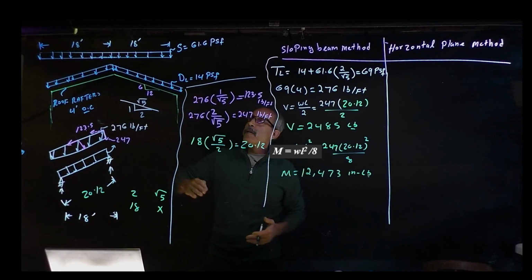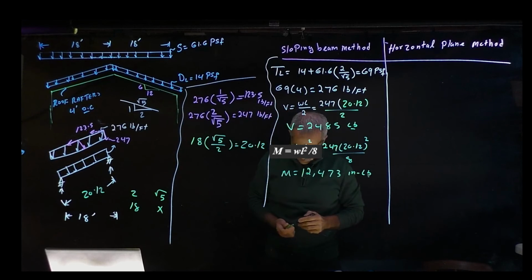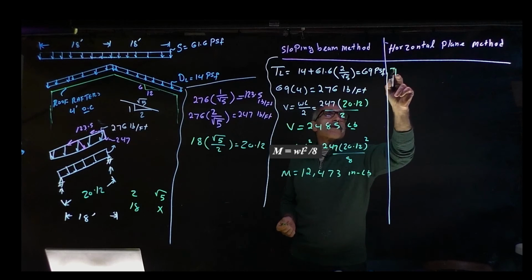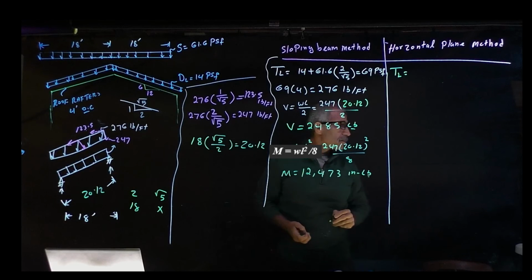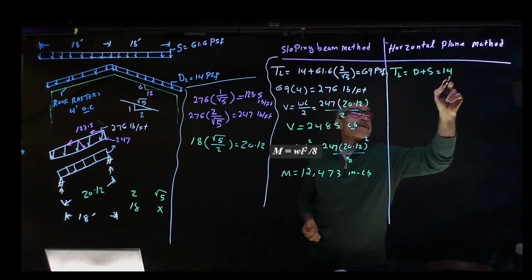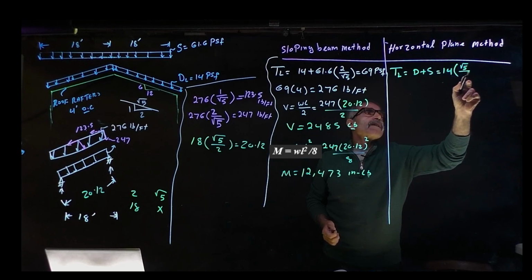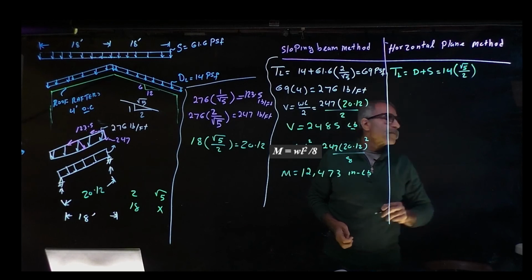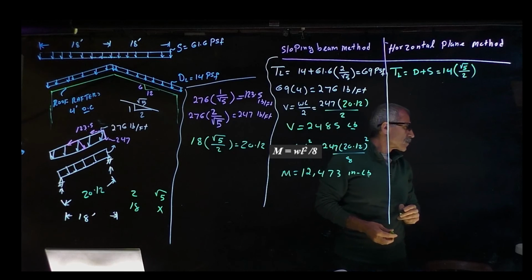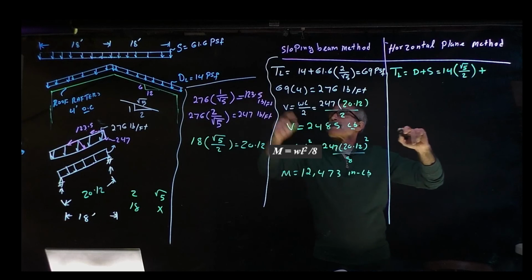Now we're going to go ahead and use the horizontal plane method. First, we're going to find out the total load, which is equal to dead load plus snow load. Dead load came out 14, so we have 14 times square root of 5 divided by 2, plus 61.6.